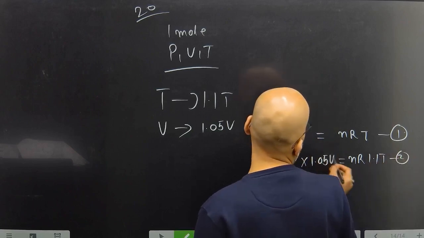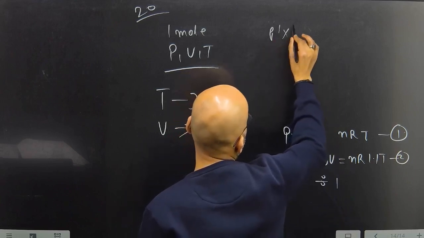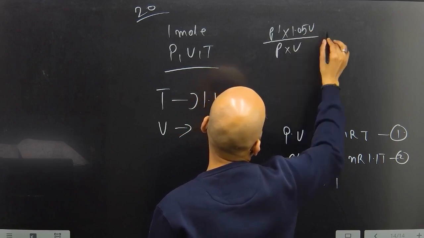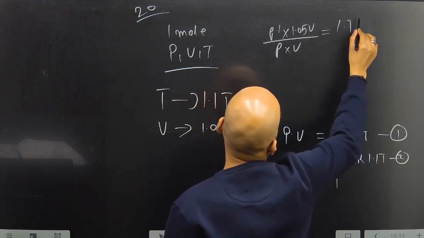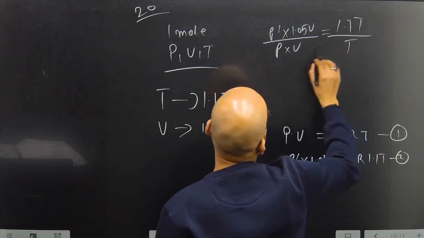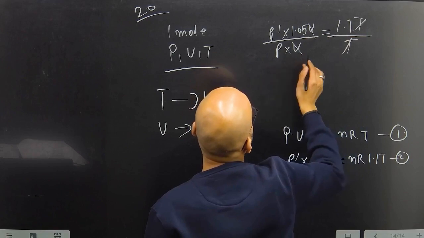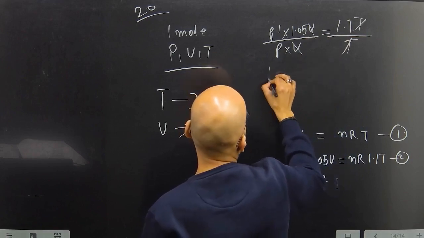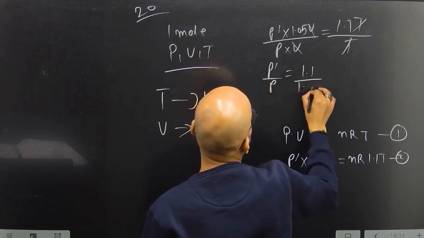Okay, divide 2 by 1. So P dash into 1.05 V upon PV. nR gone. So 1.1 T upon T. V gone. T gone. So P dash upon P will be 1.1 upon 1.05.